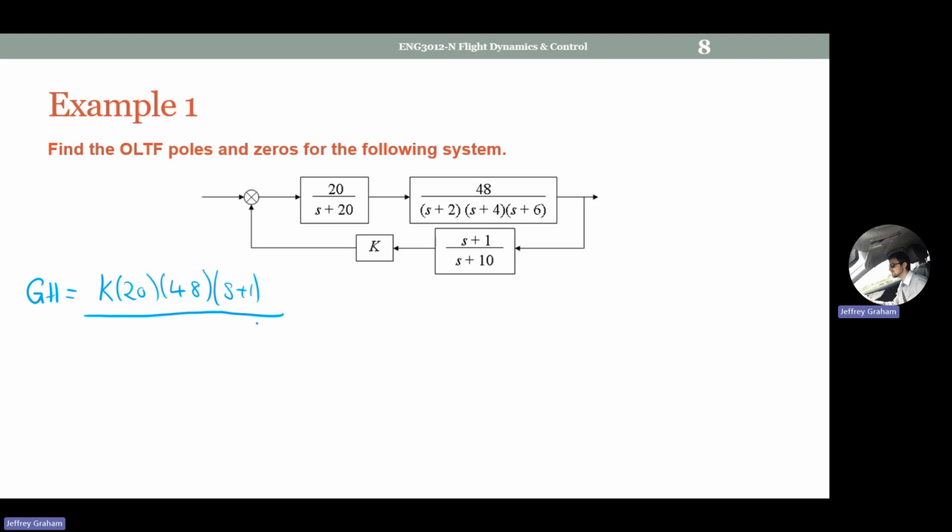Dealing with the denominators of each block, so this is separating the blocks out, and then just taking the denominator, so we've got S plus 20, S plus 2, 4, 6. Into this last block, we've got S plus 10.